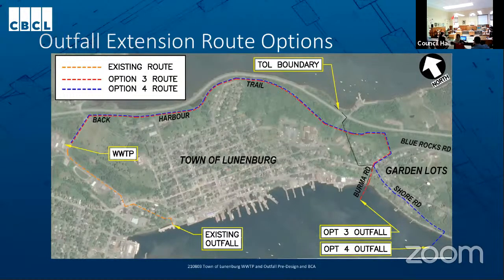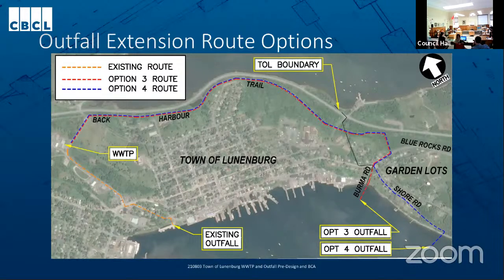The other two options, options 3 and 4, would turn the other way down Star Street and then go on to the Back Harbor Trail. They would go around town on the Back Harbor Trail up till it nears the Blue Rocks Road and then go cross country to the Blue Rocks Road and down that one towards Burma Road and towards Shore Road, depending on which of those two options was selected.